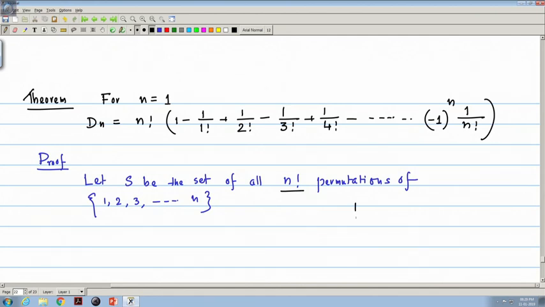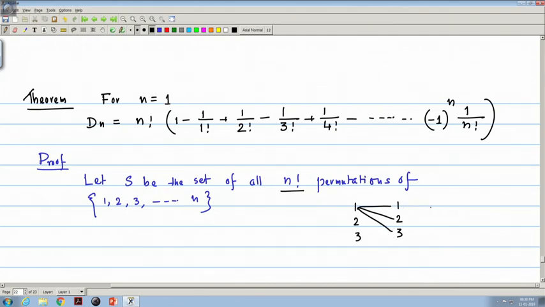See, I have 3 numbers, 1 to 3. What are the different ways I can permute? 1 can go in 3 different positions: one can get this position, or this position, or this position.